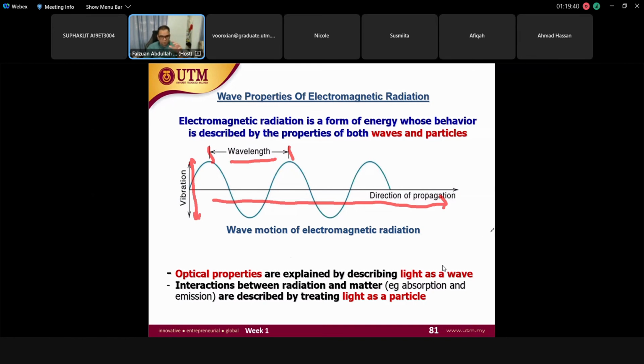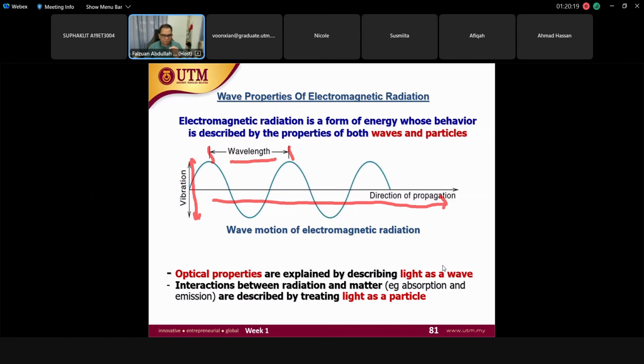Now, in this spectroscopy study, and also spectrometry instruments, the optical properties of all the light involved, we describe the light that we are dealing with in this spectroscopy study as a wave, visible or UV or IR or anything else, we consider as a wave.